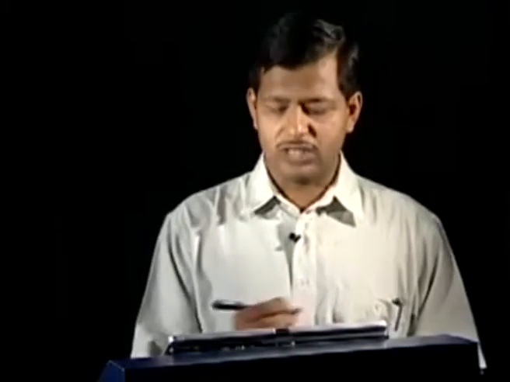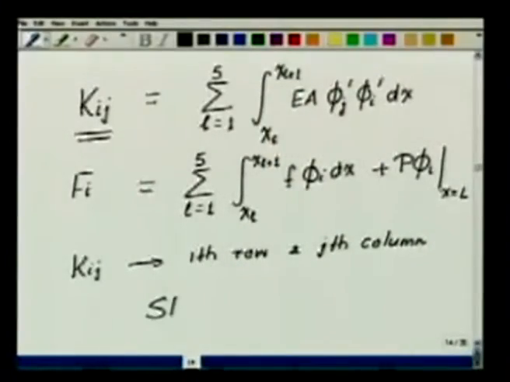What does it mean, not fully populated? It means that many of the entries of the K matrix are going to be 0. That is, K is sparse. Sparsity of a matrix has its own advantages as far as the numerical calculations are concerned.